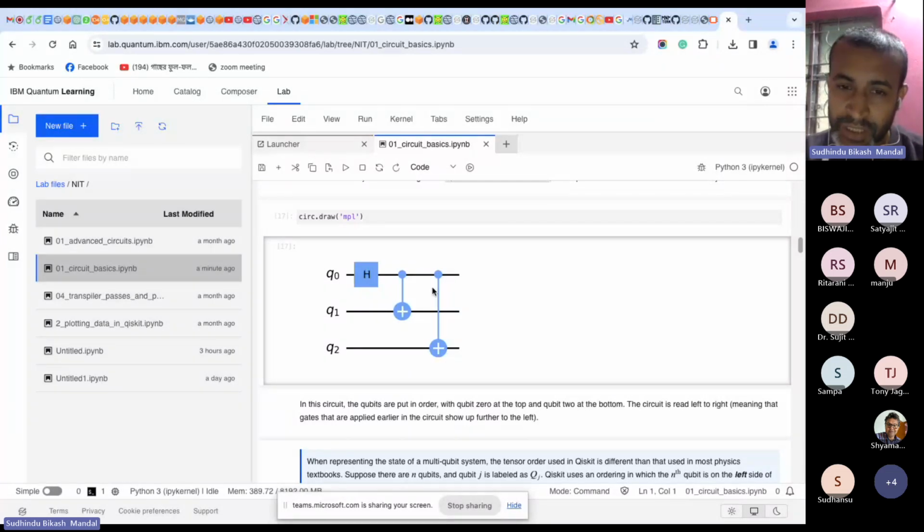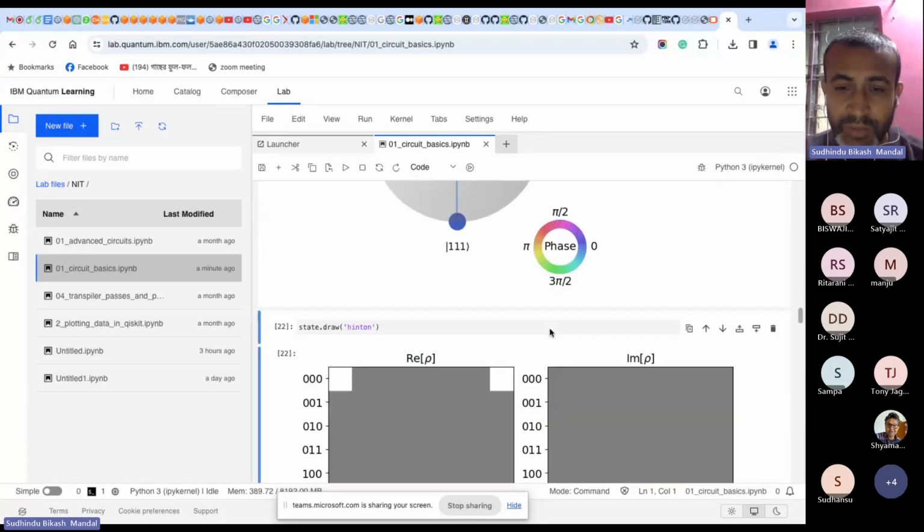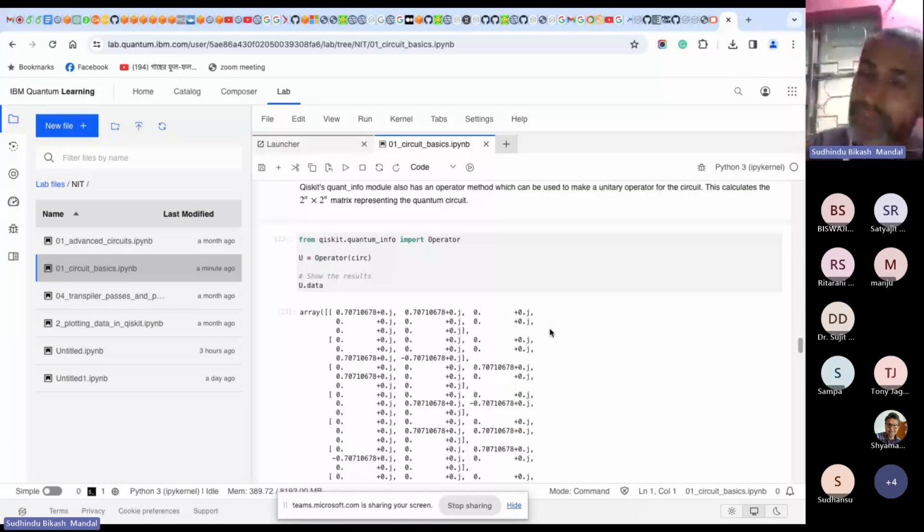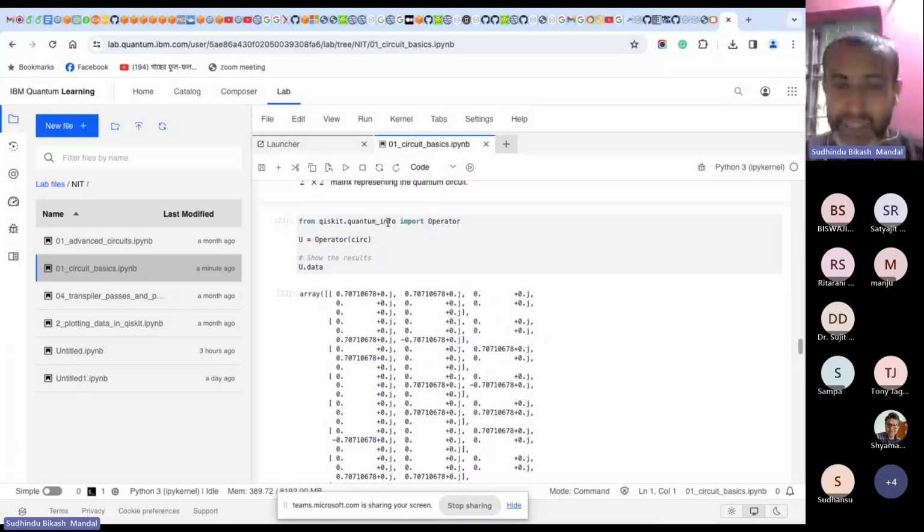Here the quantum operator is the successive operation of Hadamard, then CNOT, then CNOT between these two qubits. So it will be another unitary operator. You can also check this unitary operator by using Qiskit quantum_info. This is a package where Operator is there, and if you call this Operator and pass your circuit as an argument, then you get the unitary matrix.